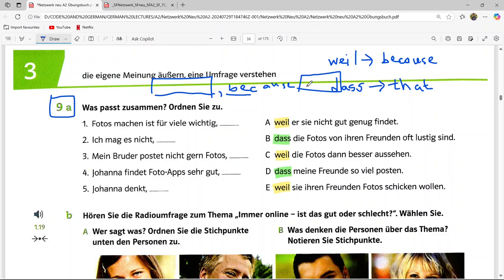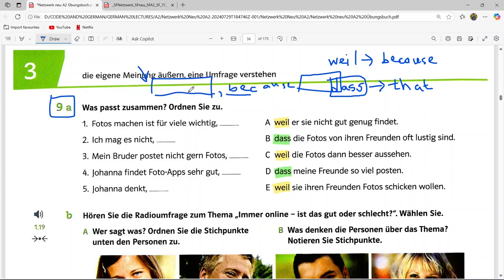Okay, now when to use dass? You will use dass only to combine normal sentences, like: I am coming early to office so that I can enjoy vacation later. Okay, like this. There is no actual cause and effect case.